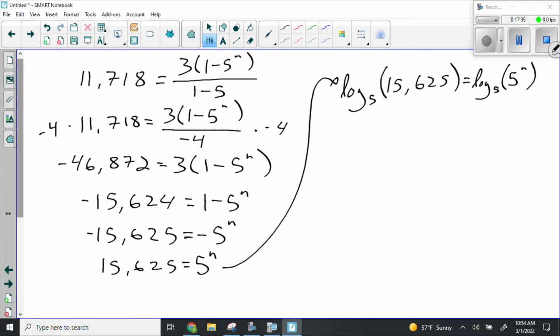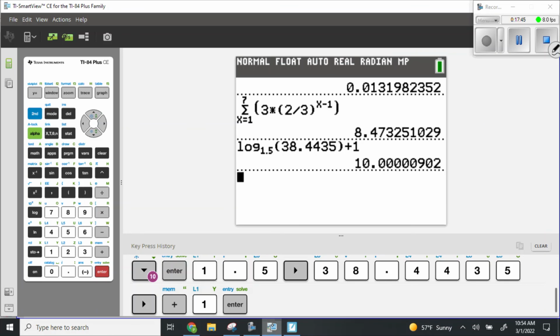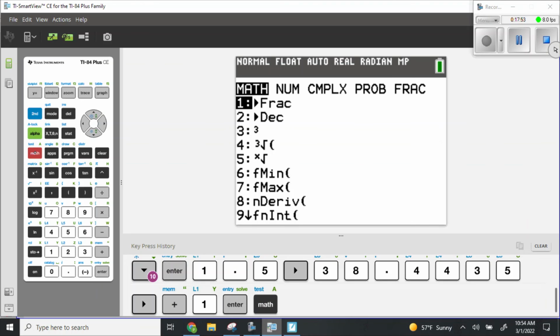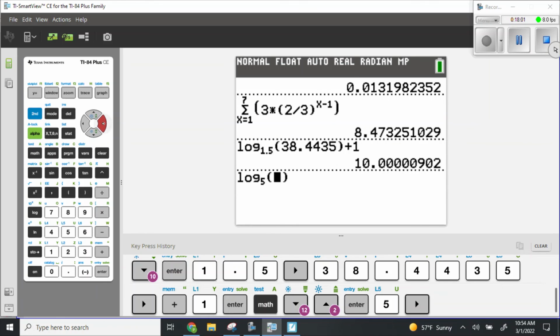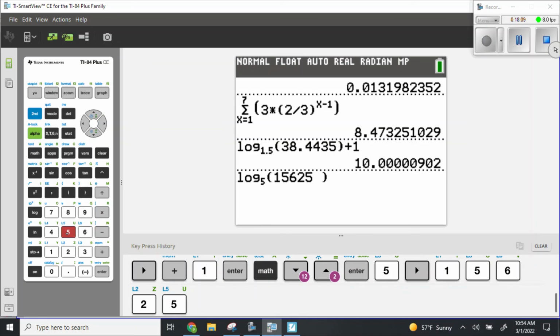All right, so let's go ahead and put log base 5 of 15,625 in here. Ooh, 6.